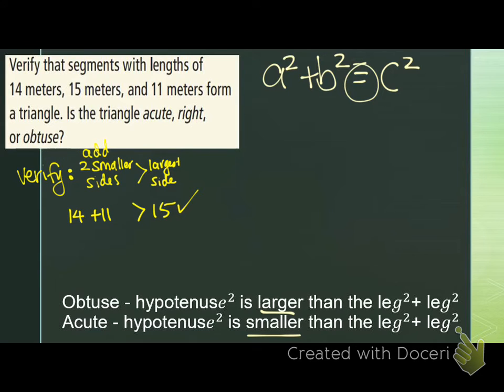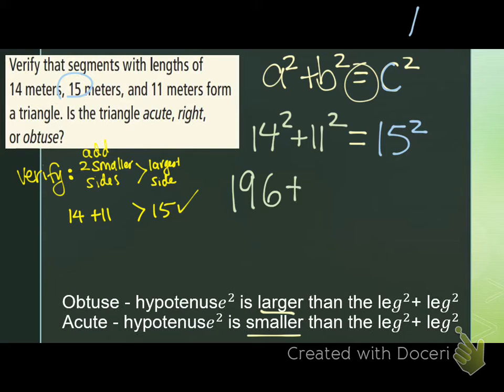So which of the side lengths that we have is going to be c? 15. It is the longest side. Which means the other two, 14 squared and 11 squared, are the legs. You will want a calculator out. 14 squared is? 196. 11 squared is? 121. 15 squared is?